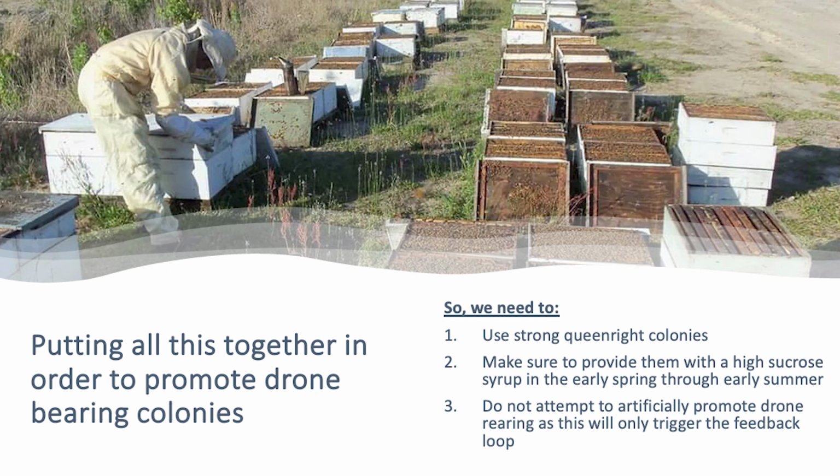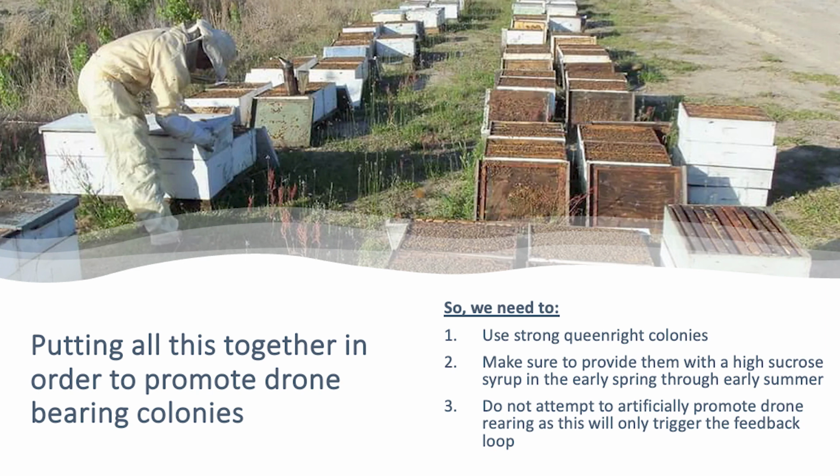We need to feed them plenty of sucrose syrup. That mimics plenty of resources coming in. And then finally, we do not want to attempt to manipulate their numbers. Doing this may trigger the feedback loop, and your colonies may actually stop producing drones.